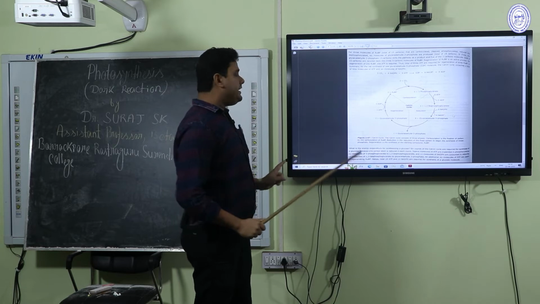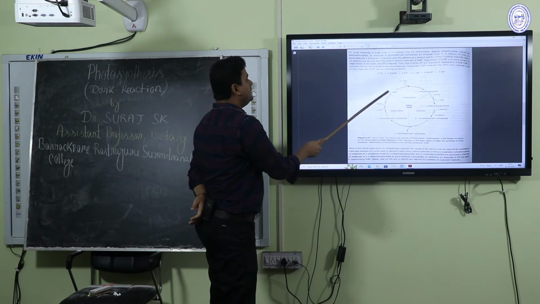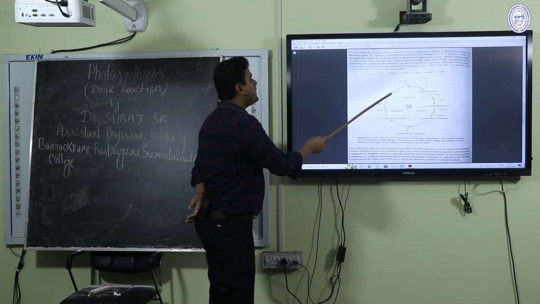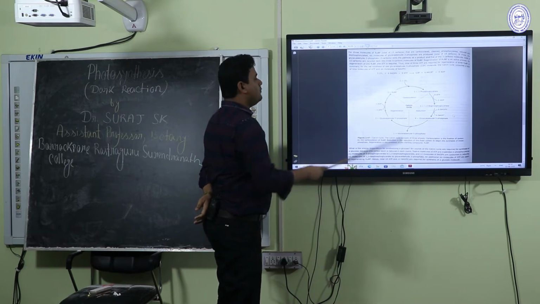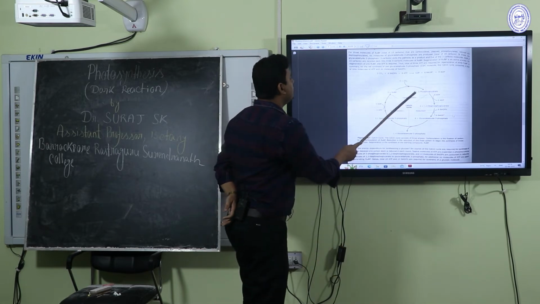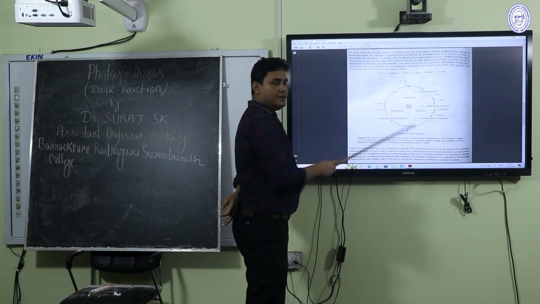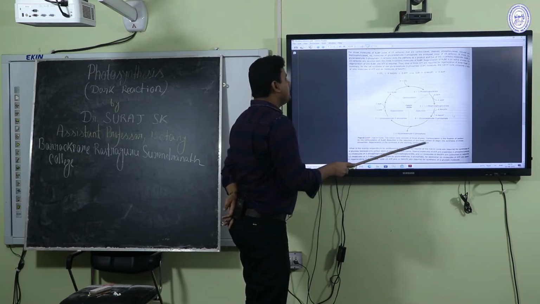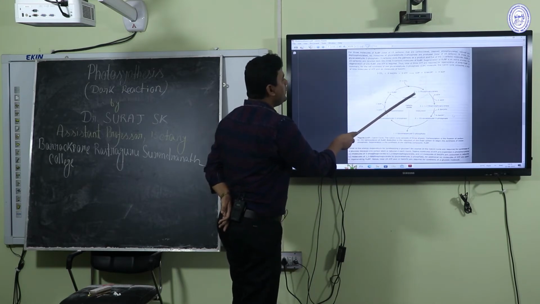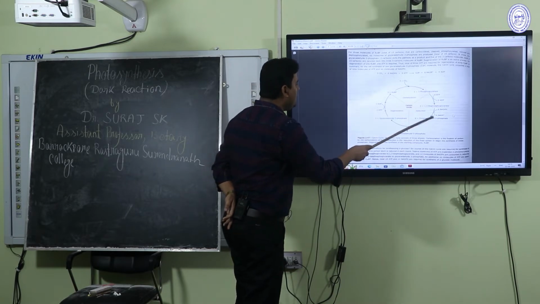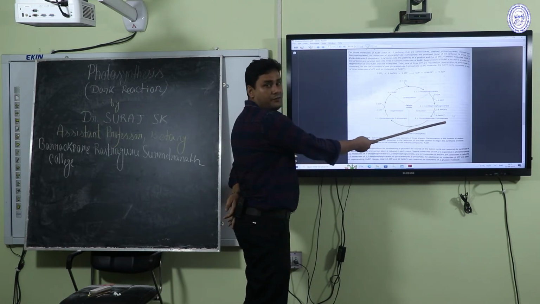So look very carefully: first of all, you can see here that 3 molecules of ribulose 1,5-bisphosphate will react with 3 molecules of carbon dioxide to produce 6 molecules of 3-phosphoglycerate during the carboxylation reaction.